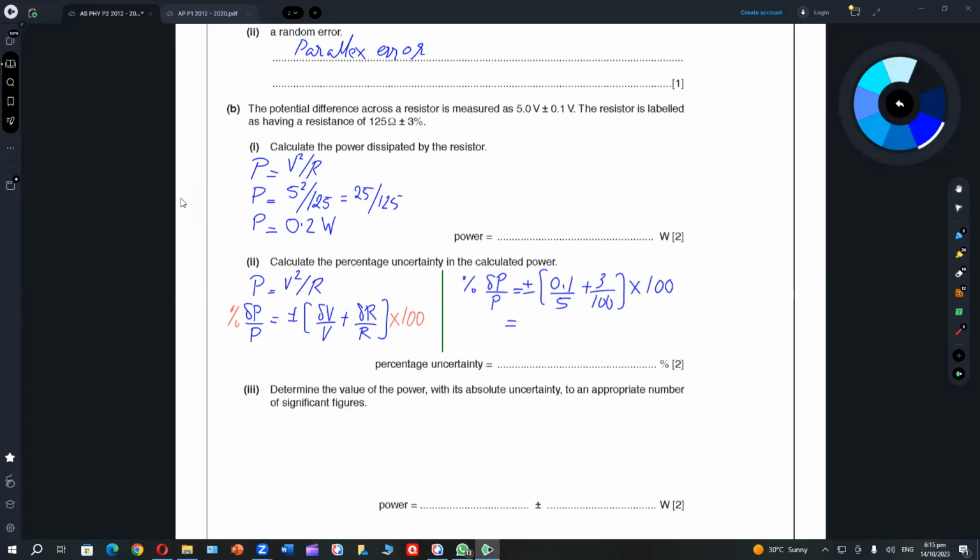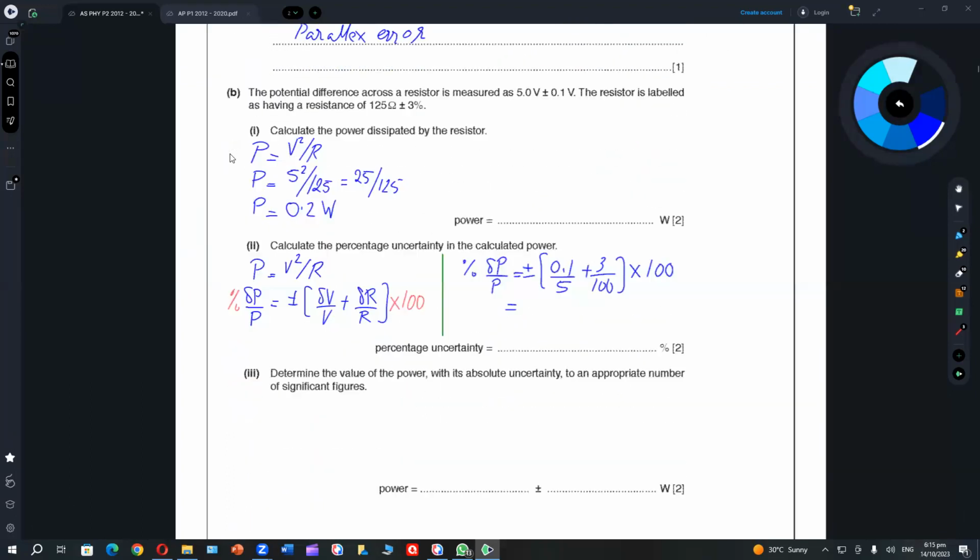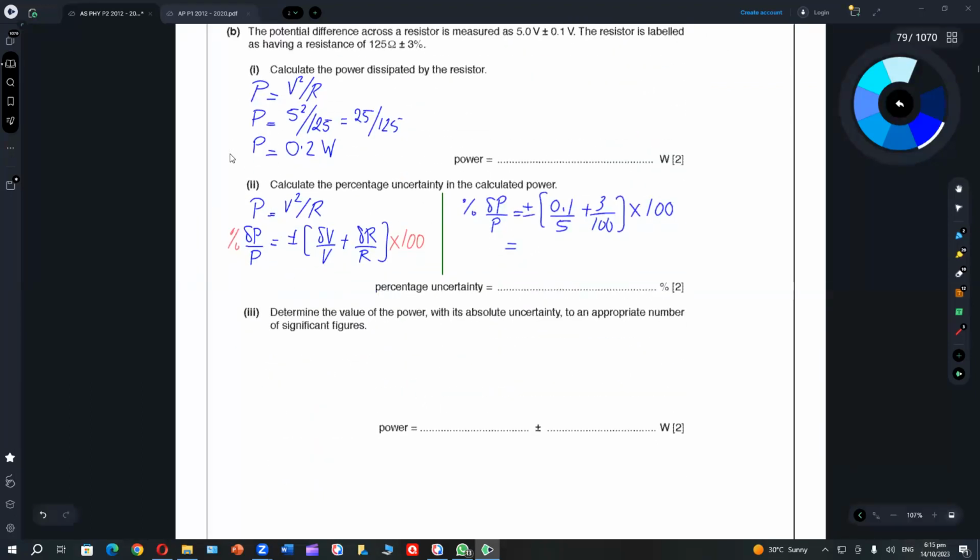Now solve this. Everyone should take out the calculator and solve it. Please solve it and let me know the answer.